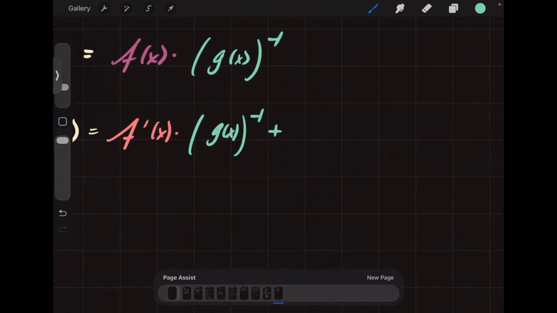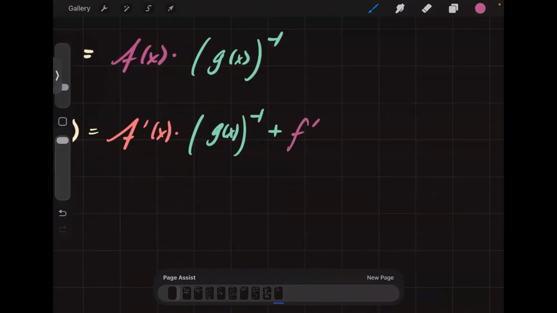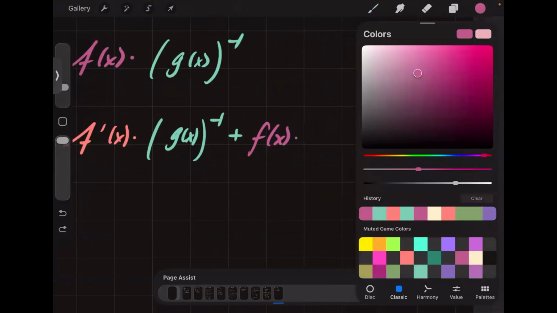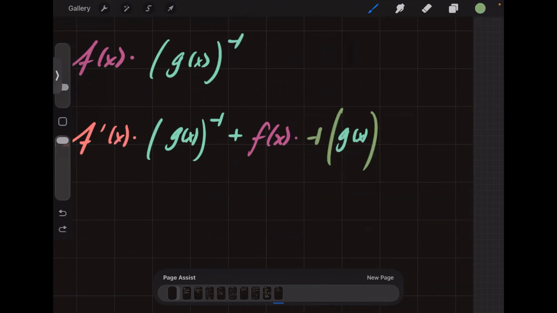plus normal this times the derivative of this. Again, it's a chain rule, right? Just a chain rule. And to chain rule that, you multiply this down, so that gives you negative 1 times normal g of x, and then again, chain rule situation here, minus 2 times, and don't forget the inside.